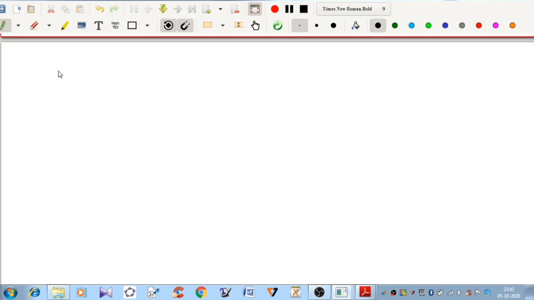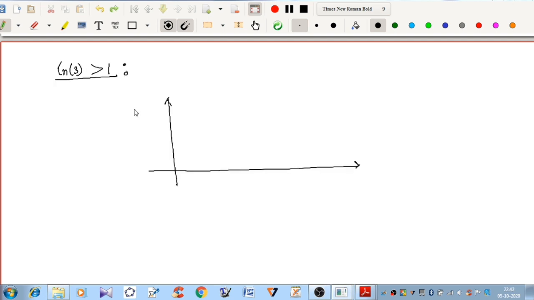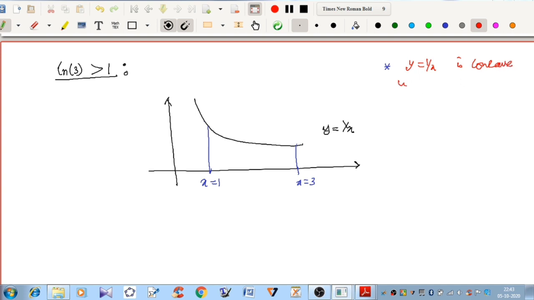Okay, next we show that log 3 is strictly greater than 1, and for this visualization again we are considering the graph of the curve y equal to 1 by x. Now we consider the points x equal to 1 and x equal to 3. Now observe that the curve y equal to 1 by x is concave upwards.